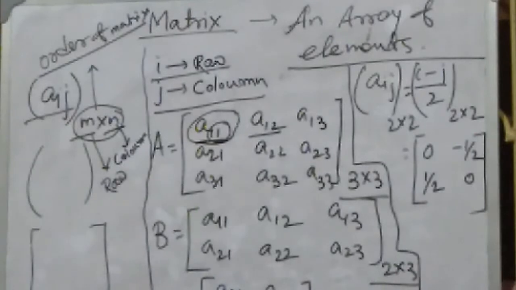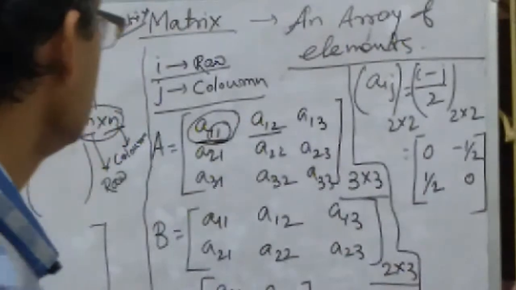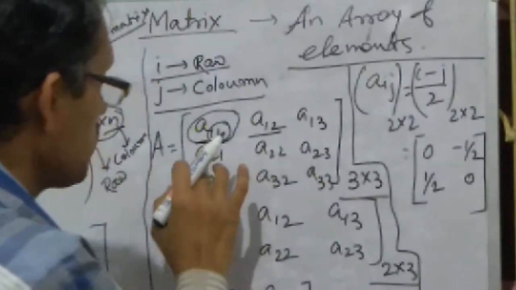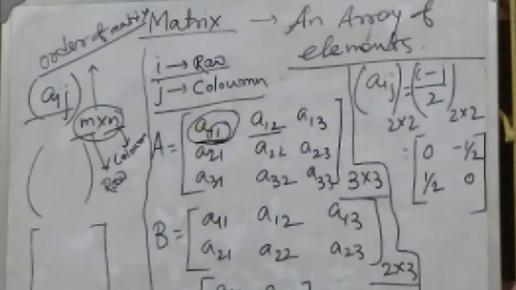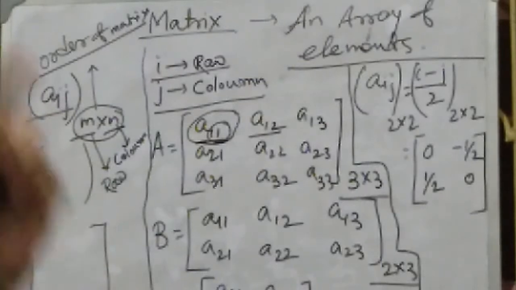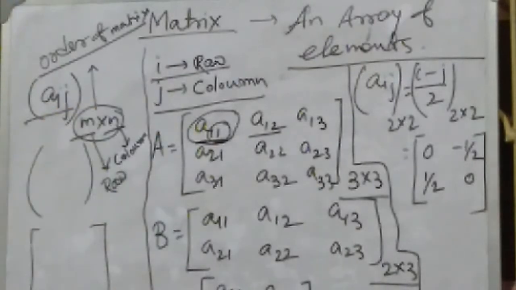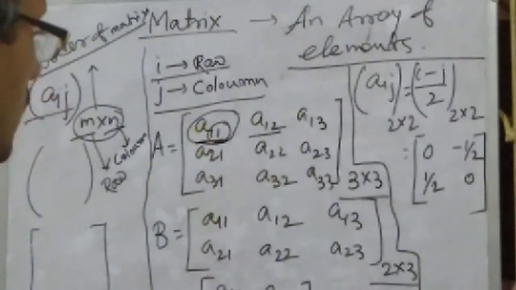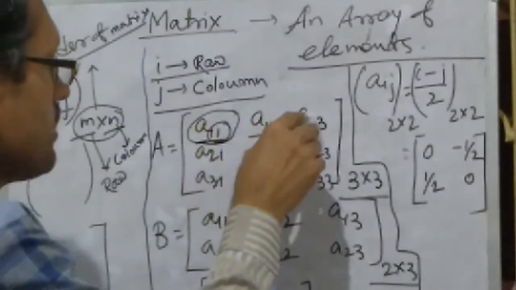If I consider this example, the A11 value is 0, the A12 value is minus half, the A21 value is half, and the A22 value is 0. So whenever any matrix is given, our first objective will be to find the order of the matrix, meaning the number of rows and the number of columns. If it is given, then we will write the matrix, or it will already be given, and we will mention the first row first column, first row second column, first row third column, and so on.